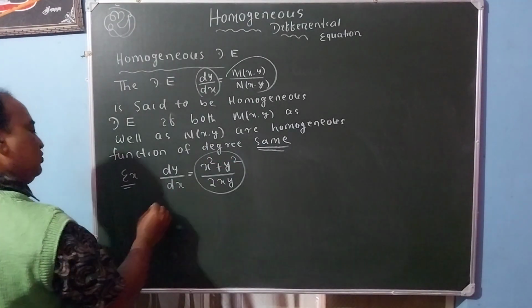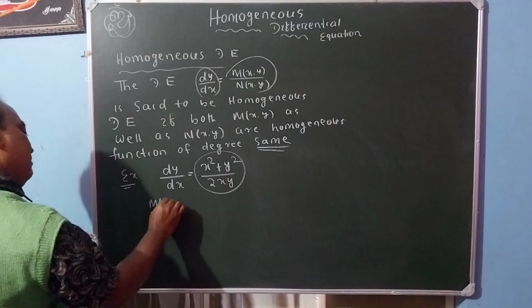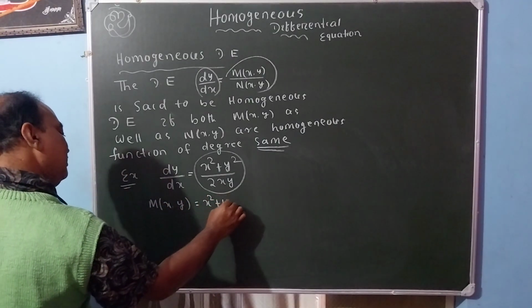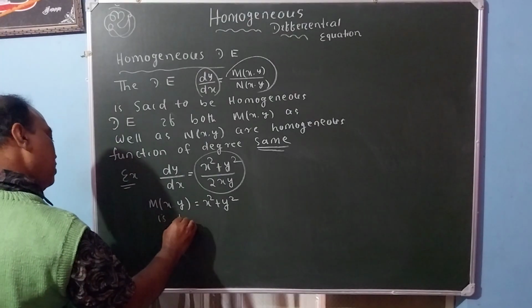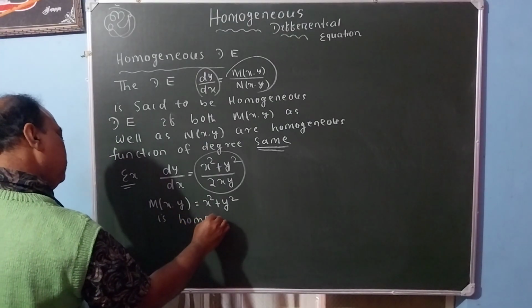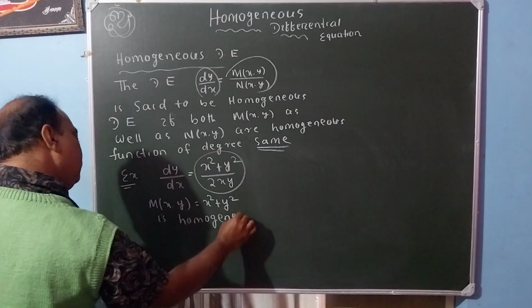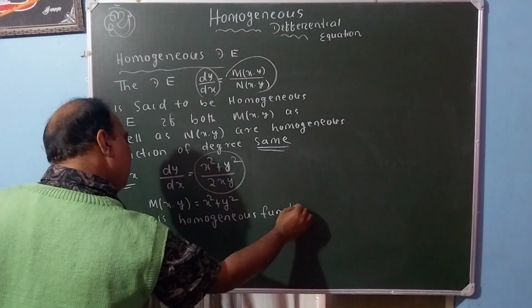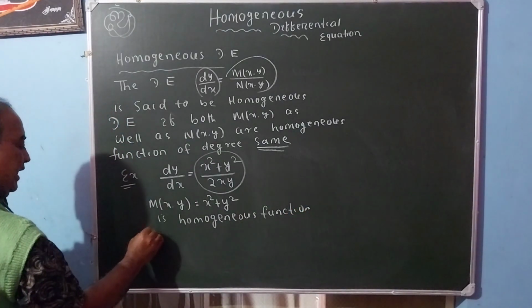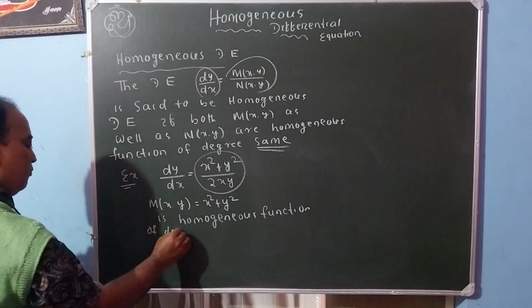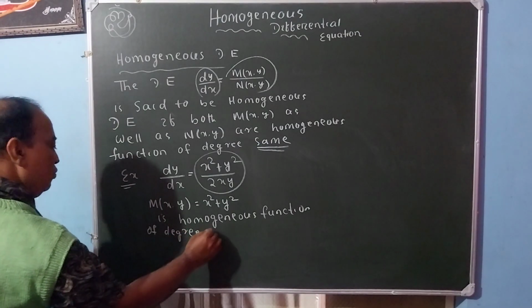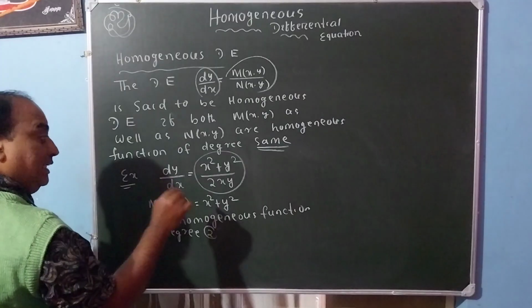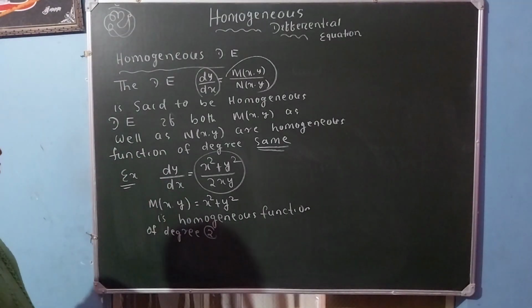Here it is M(x, y). M(x, y) = x^2 + y^2 is a homogeneous function of degree 2 because the sum of powers of x and y in each term is 2.